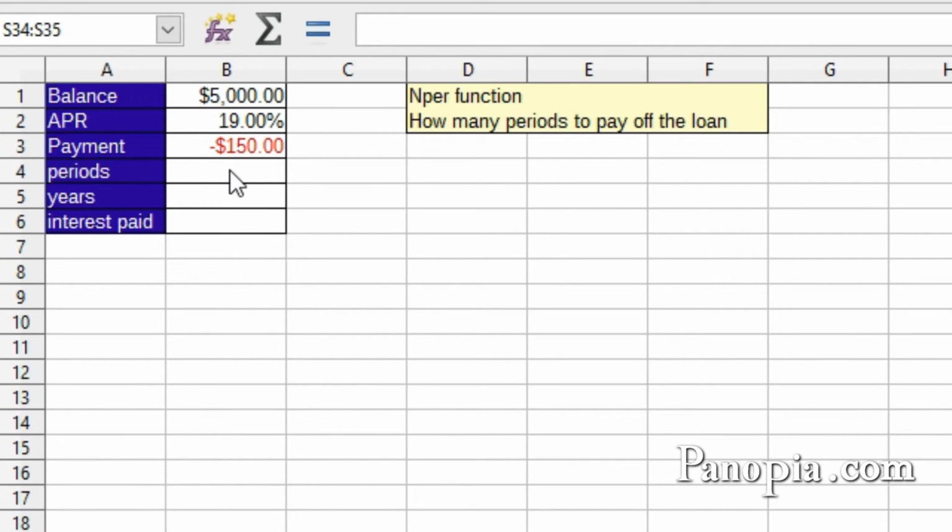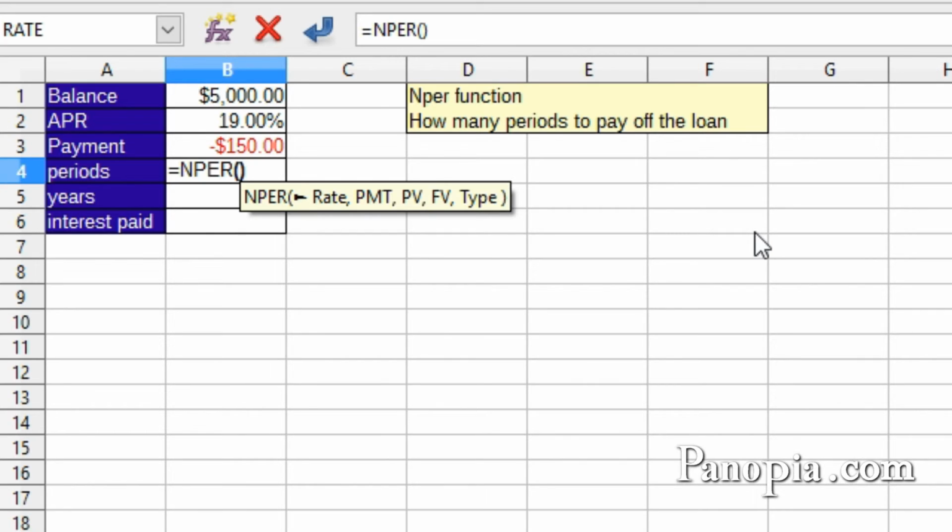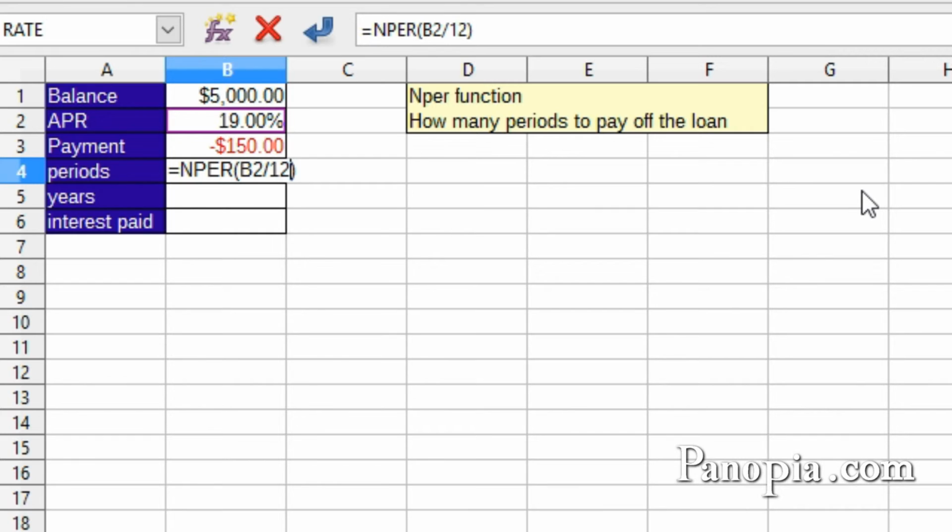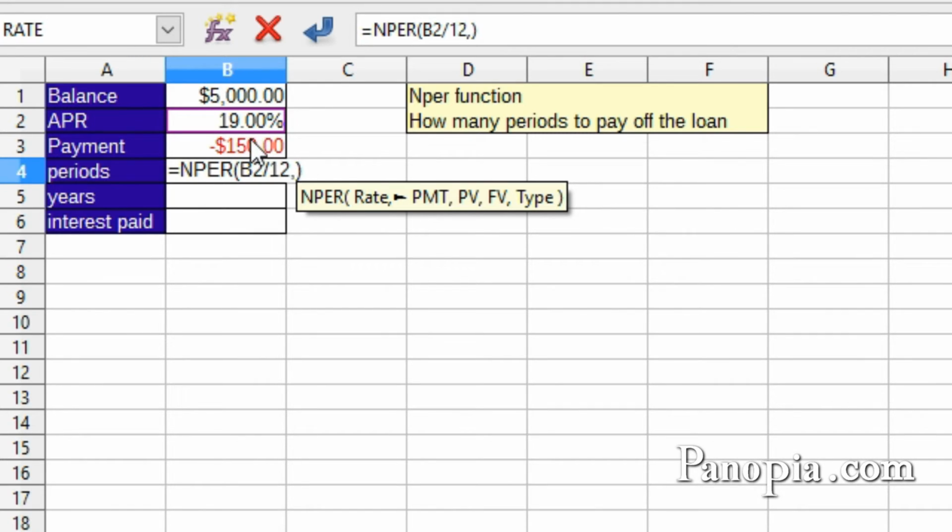To find out, in B4 type equals Nper, enter. The first parameter is the rate. Click B2. The function wants the periodic rate, so it's divided by 12, comma, the payment amount, B3, comma, the present value is the balance.